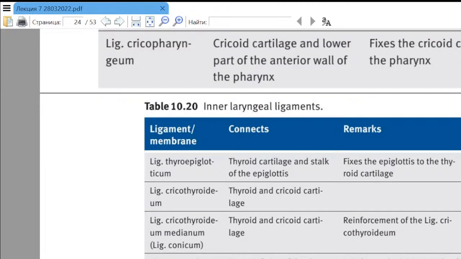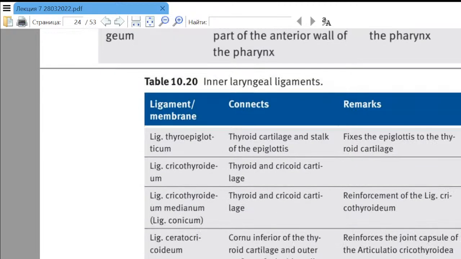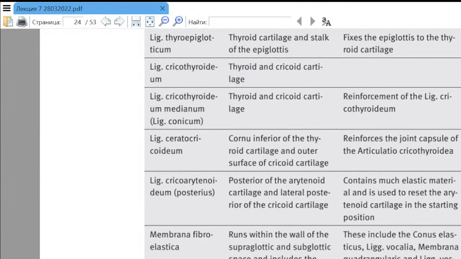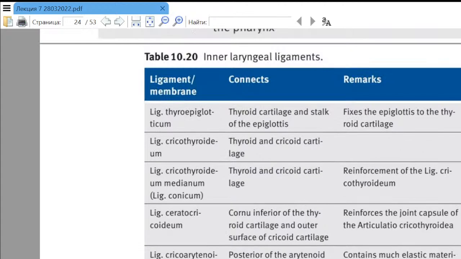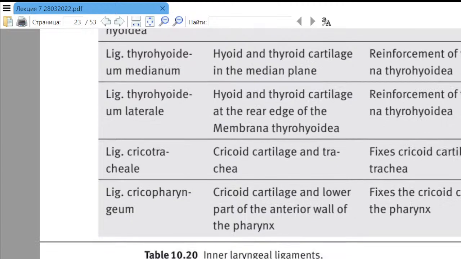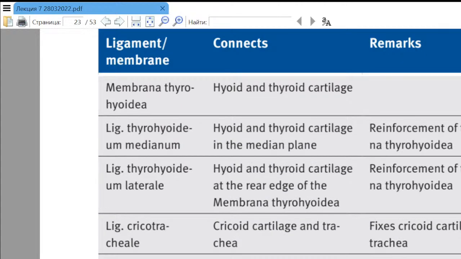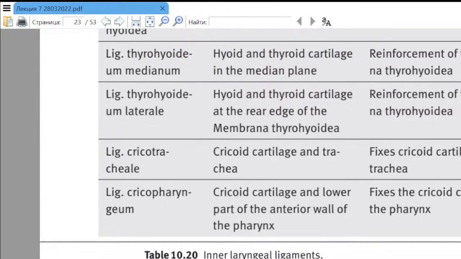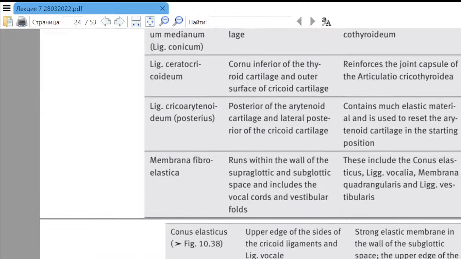This you must know for the practical lesson. For example, this is ligamentum thyroideum laterale, between hyoid and thyroid cartilage at the rear edge of the membrana thyroidea. This is remarks, information for you.